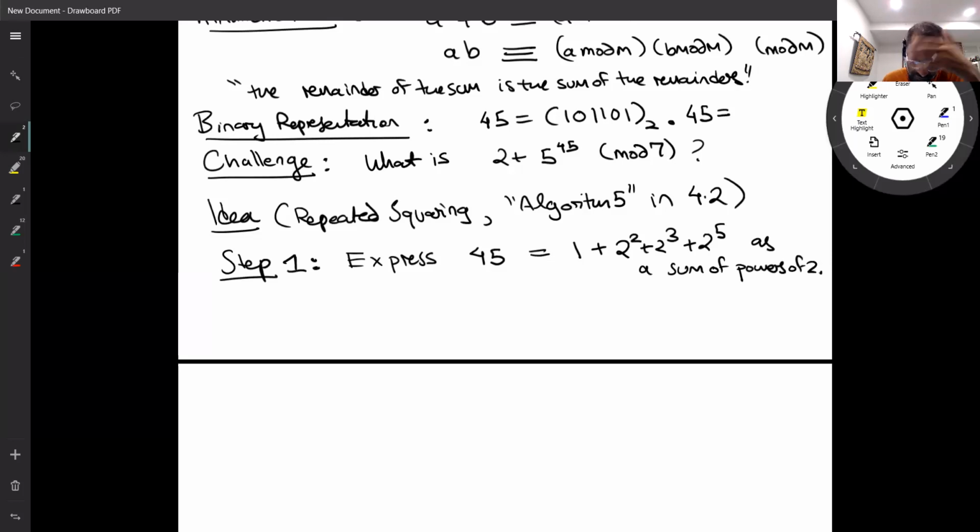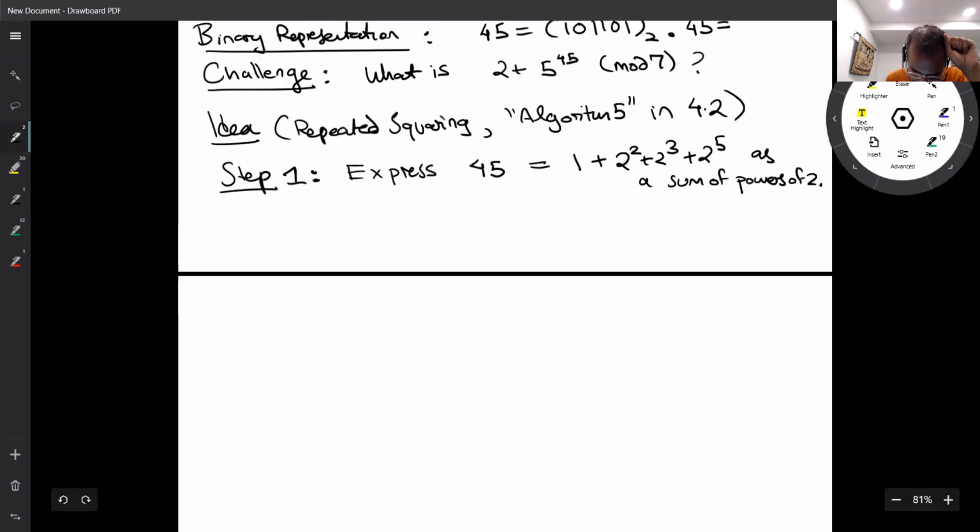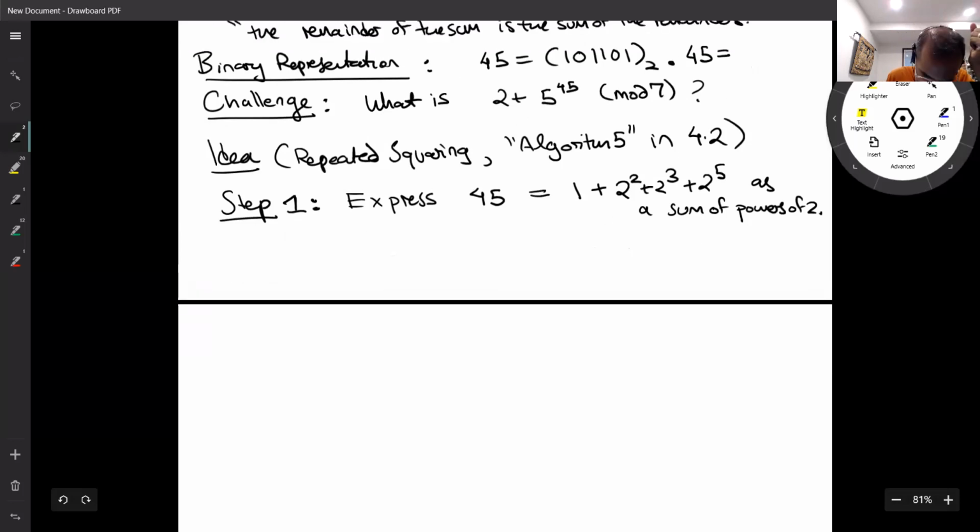We showed how to find that binary expansion. Okay, so now step 2 is where the modular arithmetic comes in and where we use some interesting properties. I'm going to express 5 to the 45, which is this thing I'm interested in, as 5 to this binary expansion.